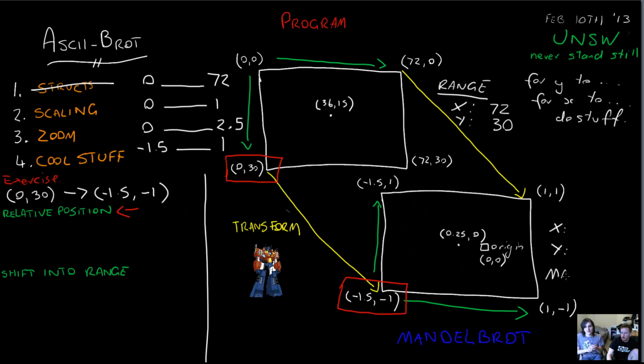For the x-coordinate, we'd be finding the difference between 1 and negative 1.5, that's 1 minus negative 1.5, which is a bit confusing, but that just gives you 2.5. For the y-coordinate, the range is the difference between 1 and negative 1, so that's 1 minus negative 1, which is 2. So that's our equivalent ranges.